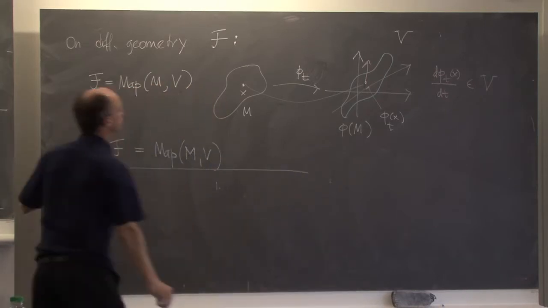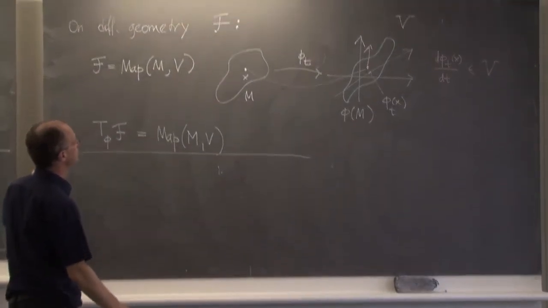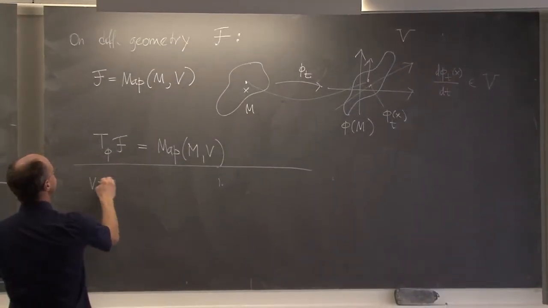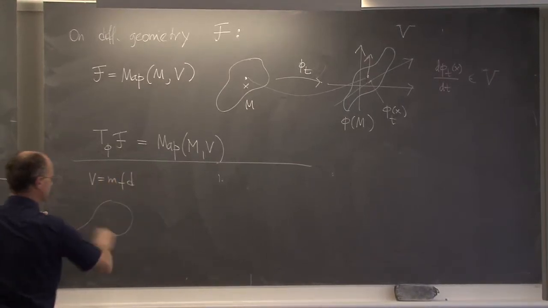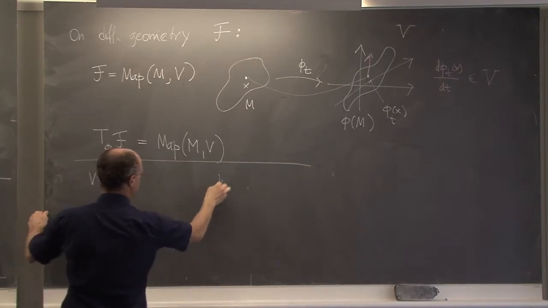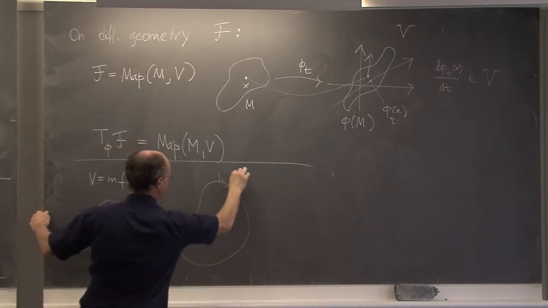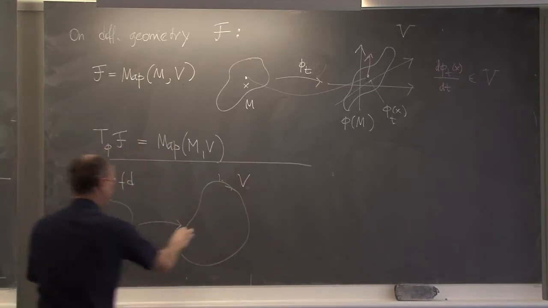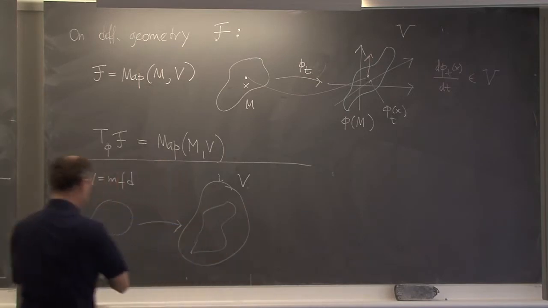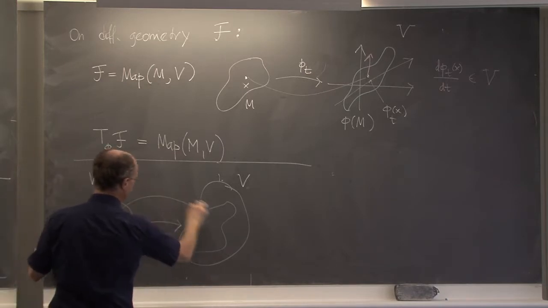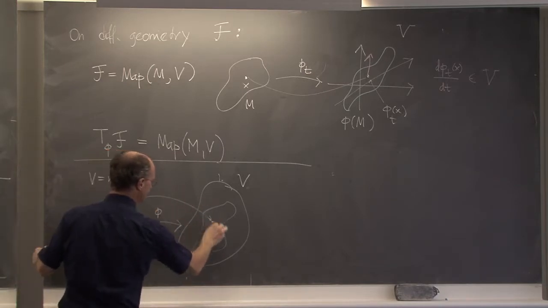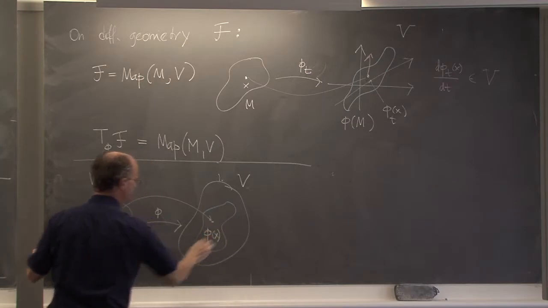Now suppose that V is a manifold. Then how is it going to look? Here there is this manifold V. We again have the image. Here there is a point x in M. It is mapped to the point phi of x.